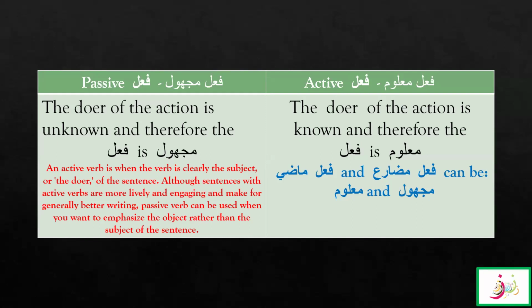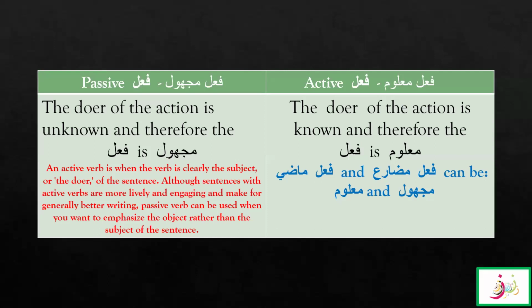Fa'il Ma'loom is the fa'il in which the doer of the action is known, and that is why we say that the fa'il is ma'loom. Fa'il Madi and Fa'il Mudari both can have the ma'loom and majhool forms.